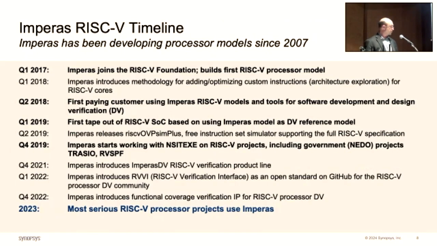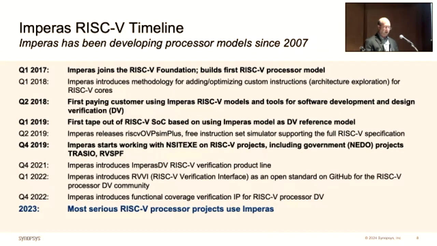Our first paying customer was in 2018, using Imperas RISC-V models and tools for both software development and for processor verification. And then the first tape out of a RISC-V SoC based on using the Imperas model as the design verification reference model was in 2019.